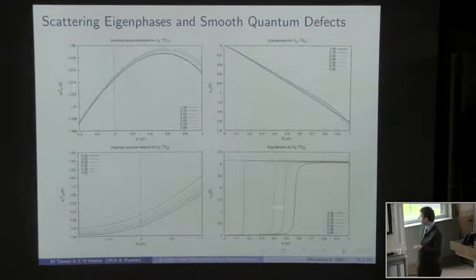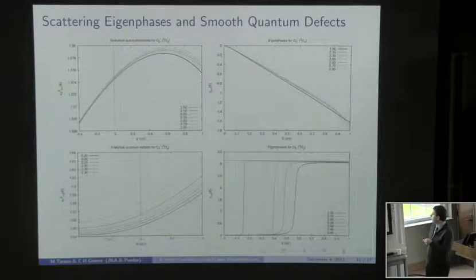So here you can see the comparison of the scattering eigenphases and smooth quantum defects for the doublet pi g symmetry of O2 minus. So even when the scattering eigenphases show a rather rapid change with the energy, the quantum defects are still quite smooth.